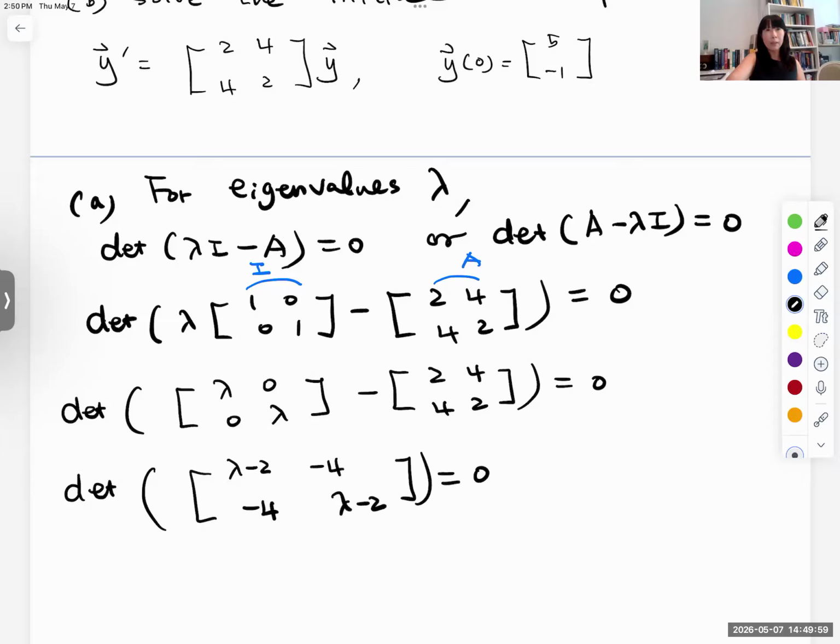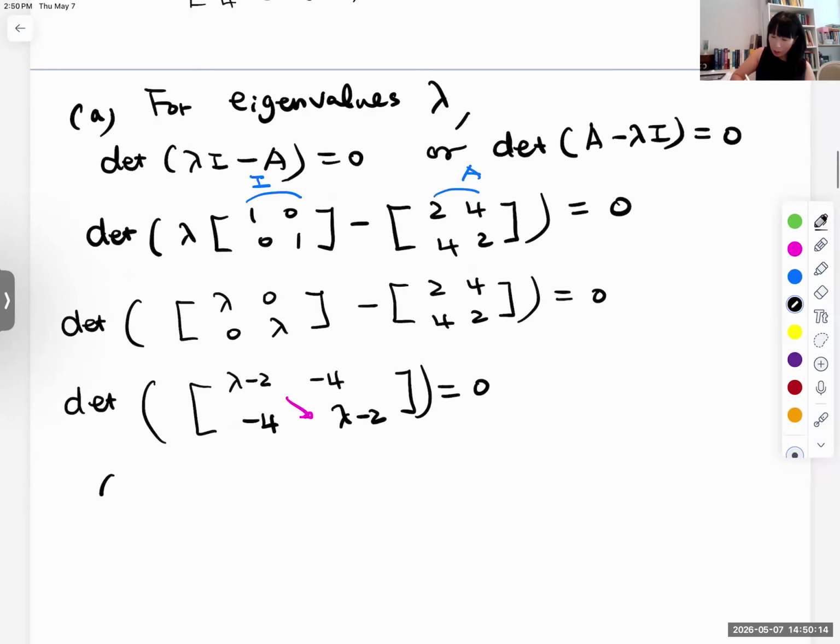Make sense? It's a 2 by 2 determinant, so we can multiply this way. So that will be lambda minus 2 squared minus negative 4 times negative 4, which is positive 16, equal to 0.